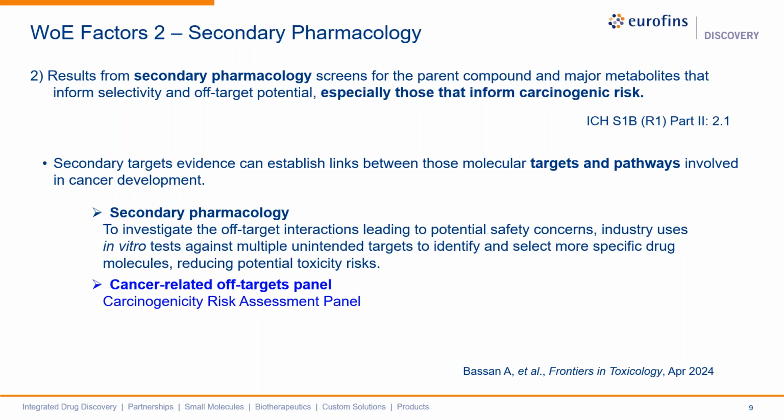First, establish the connection between molecular targets and carcinogenicity-related pathways. Second, employ in vitro testing against multiple unintended targets to reduce toxicology risk. The main tool for evaluation is the cancer-related off-target panel, which helps us identify potential carcinogenicity risk.